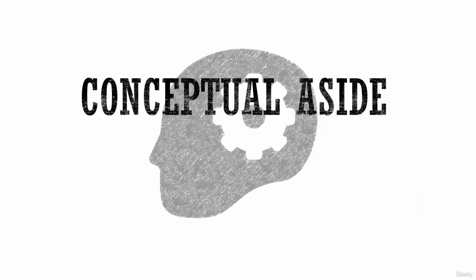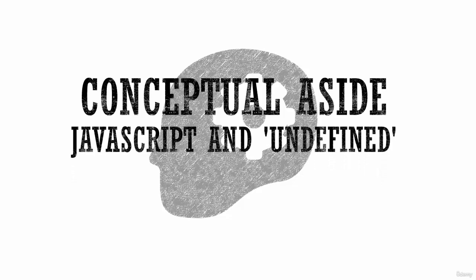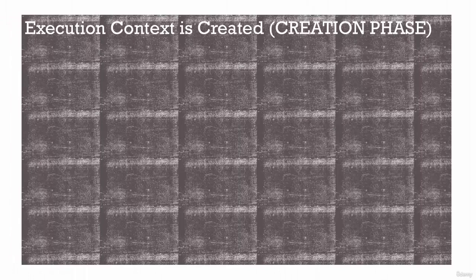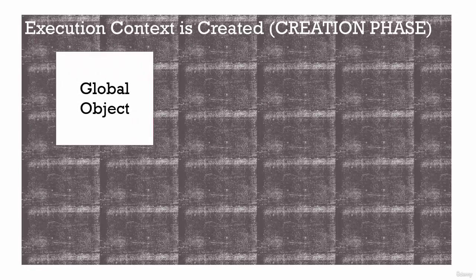It's time for another conceptual aside. We've already talked about this a bit, but it's important enough to delve just a little bit into. JavaScript and undefined. We've already seen that there's this first phase of creating an execution context in which there's a global object for the global execution context.